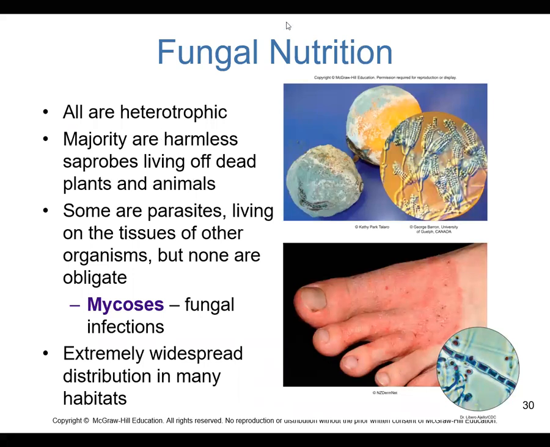All fungi are heterotrophic, and until the 1960s, I believe they were in the plant kingdom, and plants are all photosynthetic. So that was a breakthrough there. Again, the majority are harmless. Fungi are saprobes living off dead plants and animals. Some can be parasites.